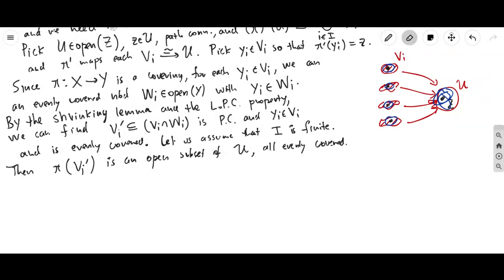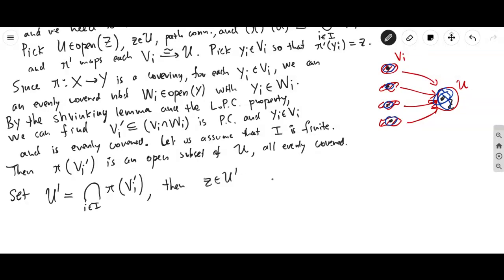And since you're trying to find one single set that works for all of them, the reasonable thing is to intersect them all. This is why you need it to be finite. So now set, let's call it U prime, the intersection of pi of Vi prime. Then this contains the point because they all do individually. And U prime is an open set in Z, because it's a finite intersection of open sets.